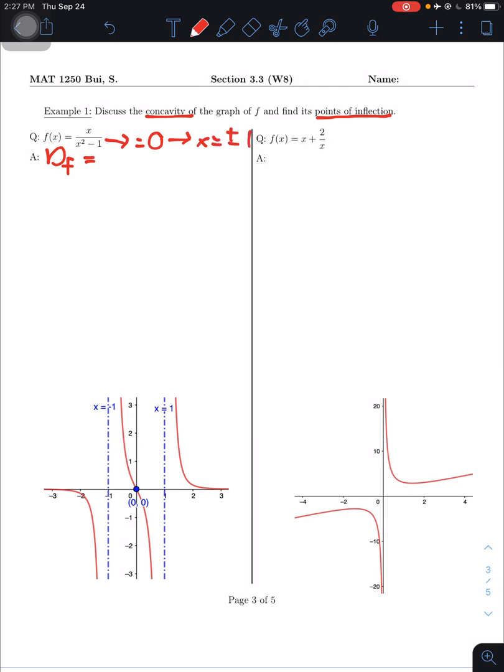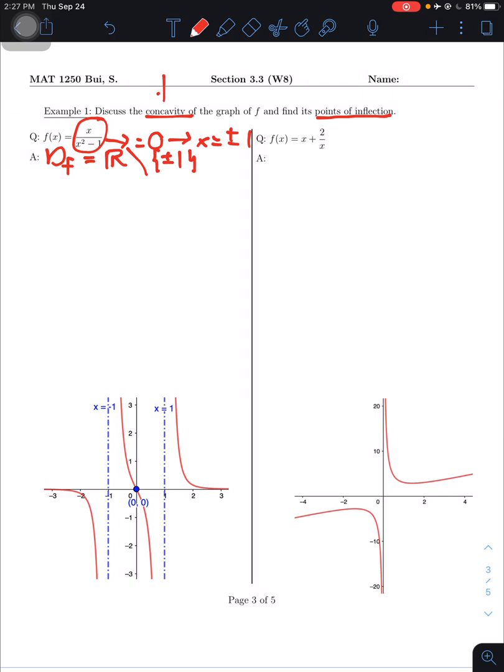Because if you were to plug in 1 or negative 1 into this function right here, it's going to give you 0 on the bottom, and we all know that we cannot divide anything by 0, right? That's undefined. So the domain in here equals R, all real numbers except for plus or minus 1, okay? So plus and minus 1 in here is a big no-no for this function, because it doesn't make sense if we plug in plus 1 or minus 1 into the function f, okay?